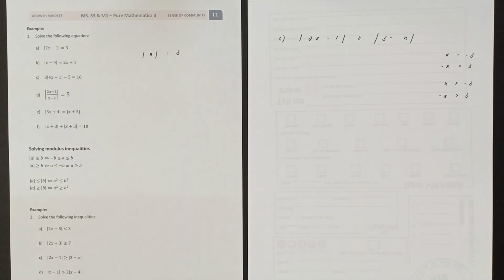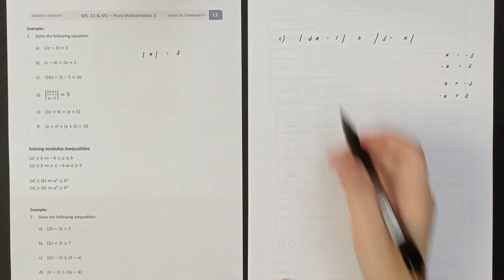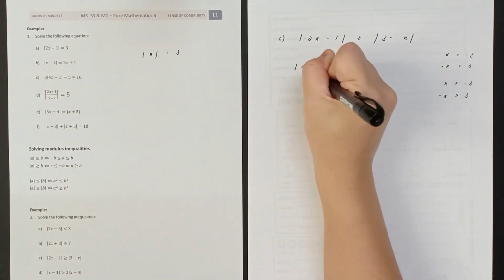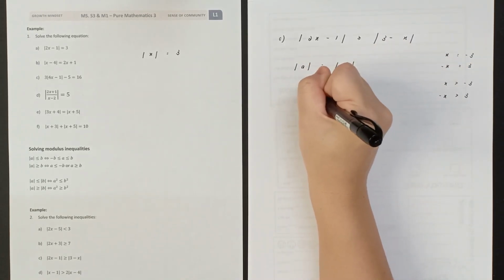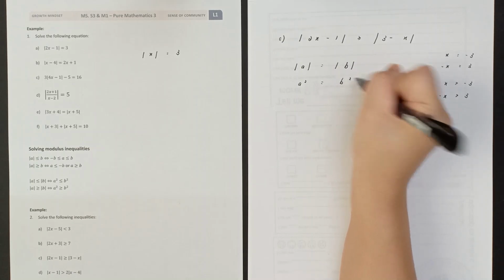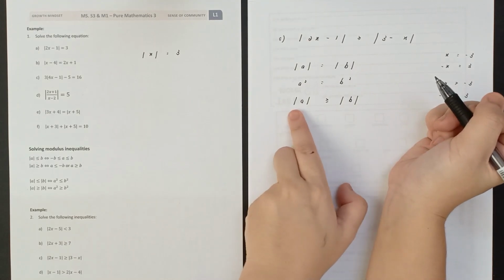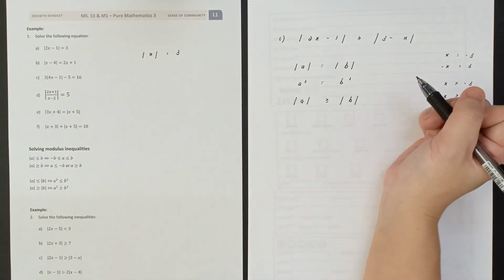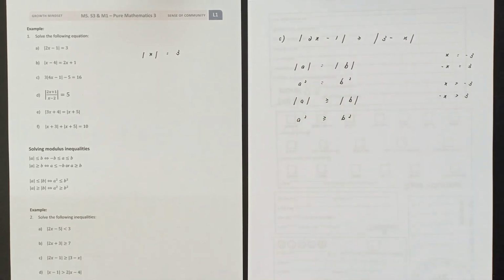So how do you do squaring? Since we already know that both sides are going to be positive, meaning that when modulus A equals modulus B, it is not going to affect it. So if I have modulus A greater or equal to modulus B, since I know that the modulus is a positive number already, when I try to square it, I wouldn't have the risk of needing to change the sign, because anything out of a modulus definitely gives me a positive.